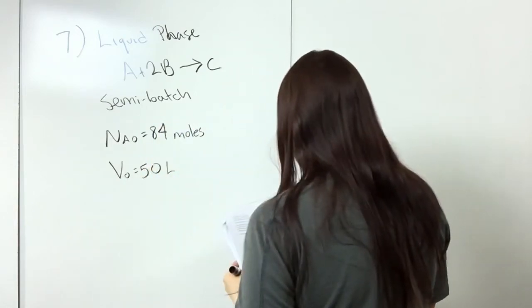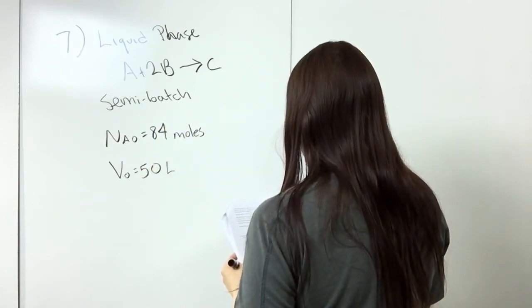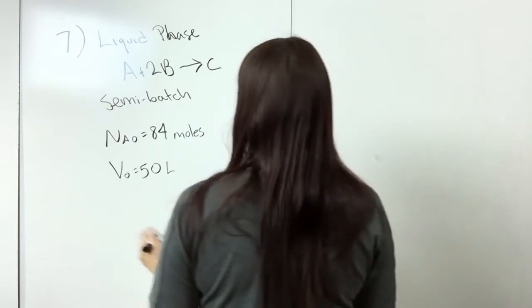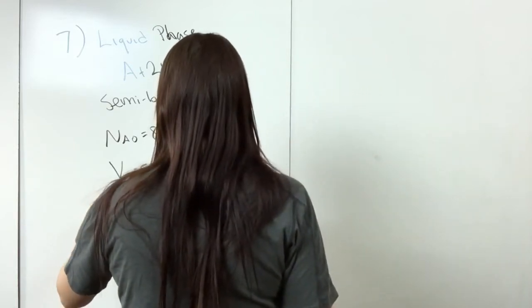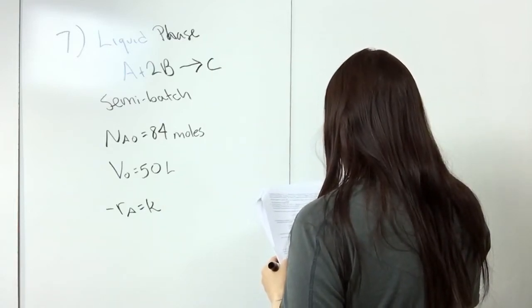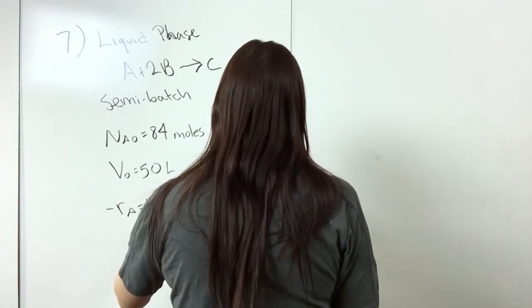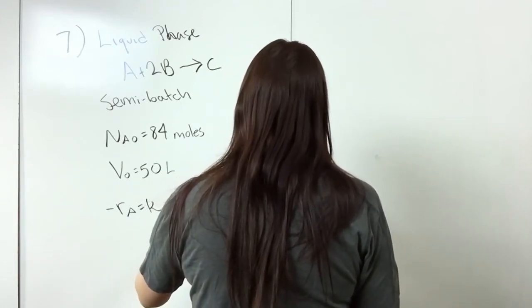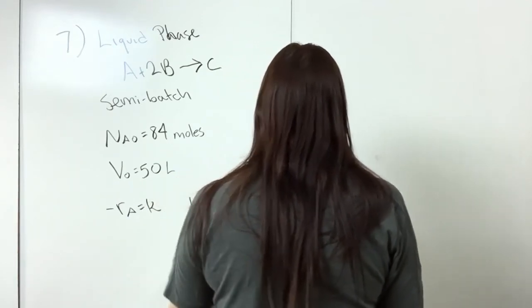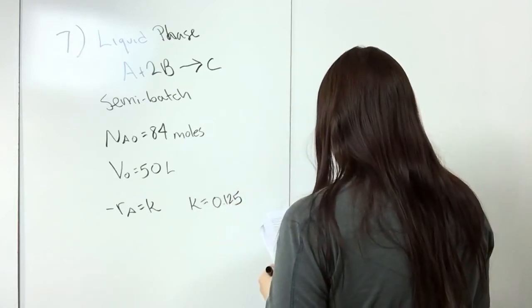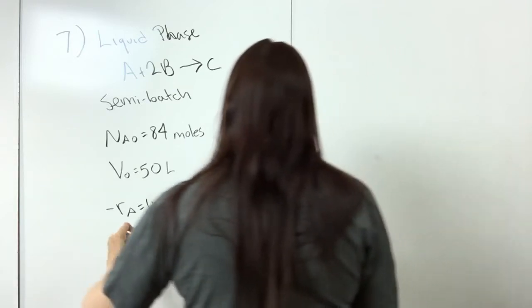The reaction is assumed to be zero order with respect to A and B, so we know that minus rA is just equal to k. The rate constant k is 0.125. How much time does it take to reach a conversion of 50% of A?